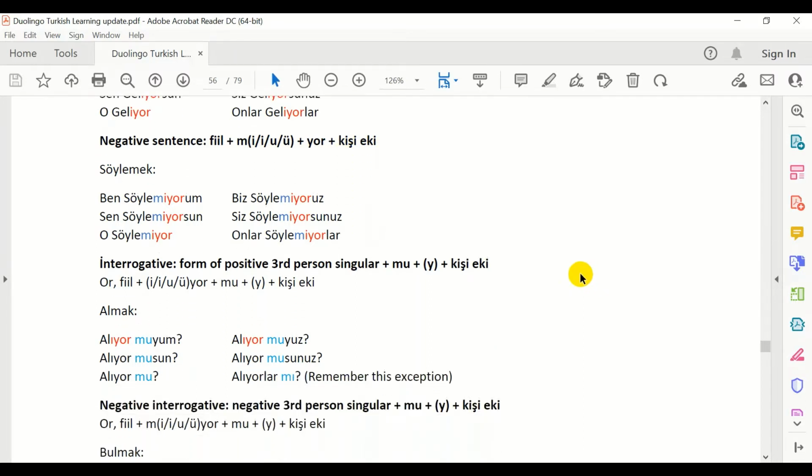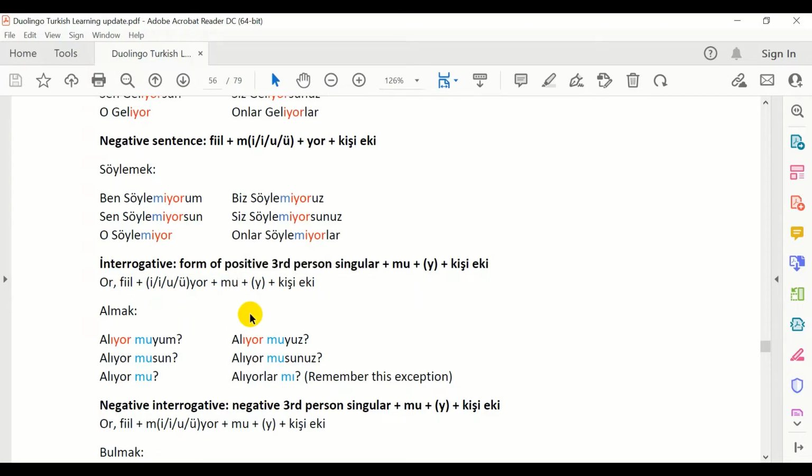Let's study the structure of the interrogative form. Well, with the interrogative form it is even easier. You first write the verb, then add the suffix. After the suffix and before the personal suffix you need to add the question word mi or mu.